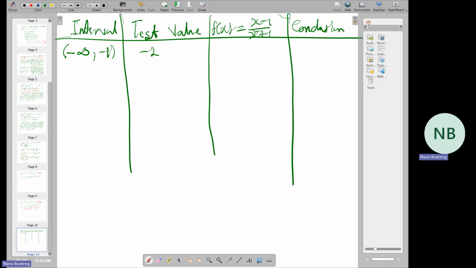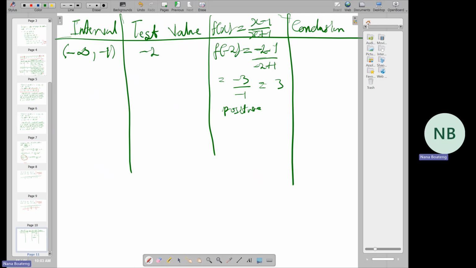So we find f of -2, which is equal to -2 minus 1 divided by -2 plus 1. So this is equal to -3 divided by -1, which is +3. So we have a positive here. So f of x evaluates to a positive value here.